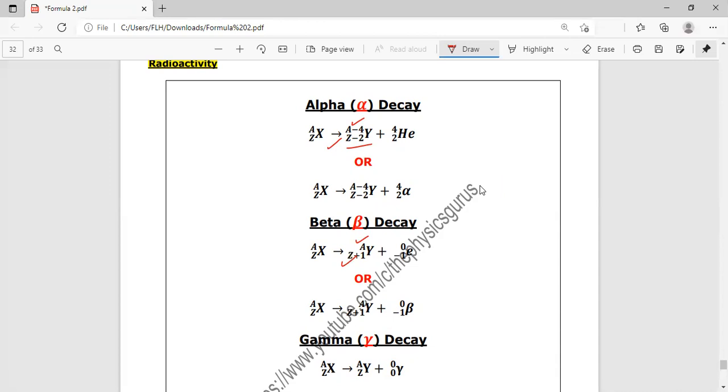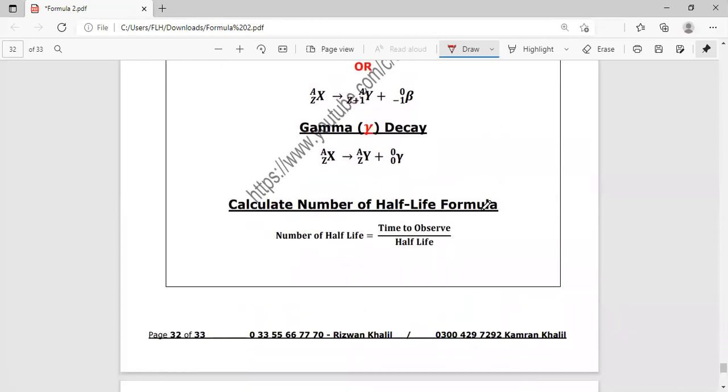And for gamma decay, there will be no change, that is, the value of A remains as it is as well as the value of Z. And the number of half-lives is equal to the time to observe the decay divided by the half-life given for that element.